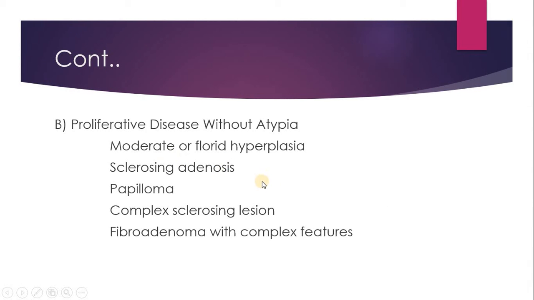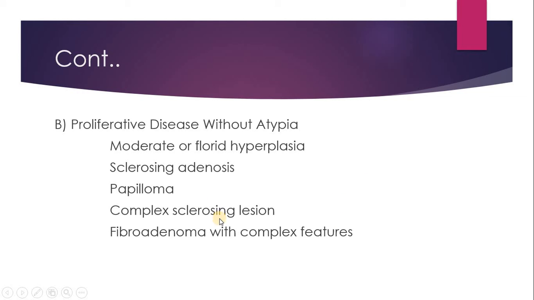But there are proliferative diseases having no atypia. Whether atypia is present or not, the chance of malignancy is a little more than with non-proliferative disease. Here, hyperplasia is moderate or florid, adenosis becomes sclerosing, papilloma may occur, and complex sclerosing lesion is also included, and some fibroadenomas may have complex features.